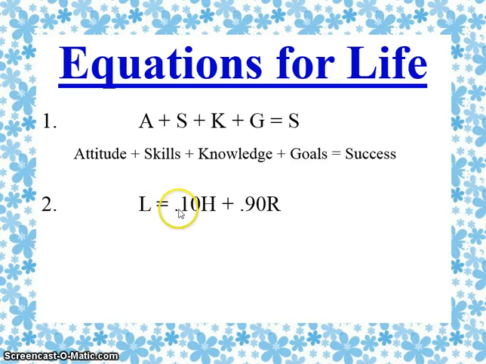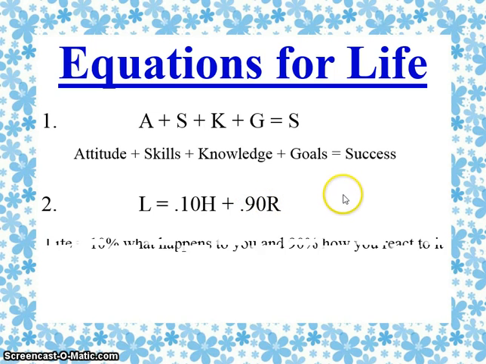L equals 0.10H plus 0.90R, which stands for life is 10% what happens to you and 90% how you react to it. Just some fun equations for life to get you thinking about how a variable represents an unknown amount.